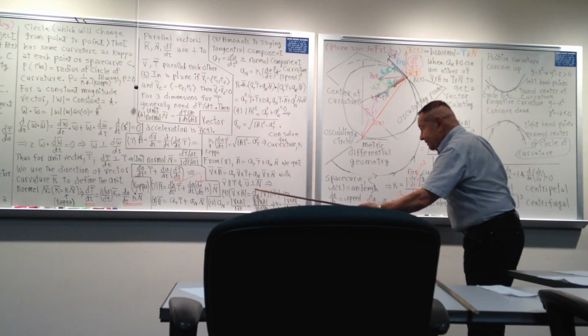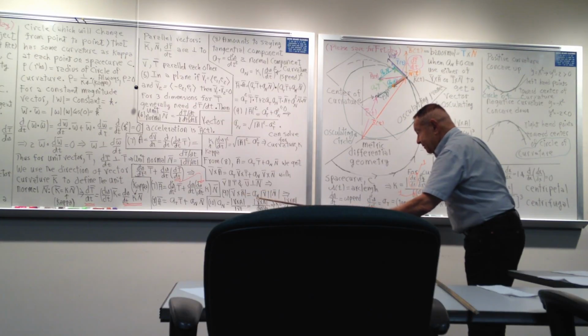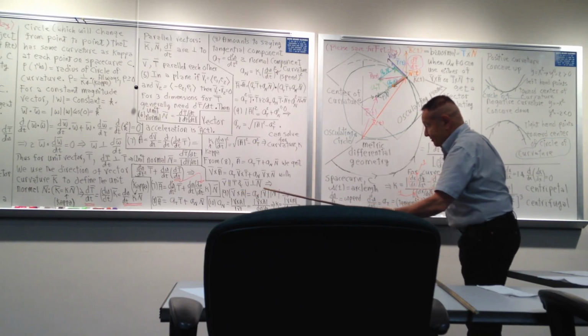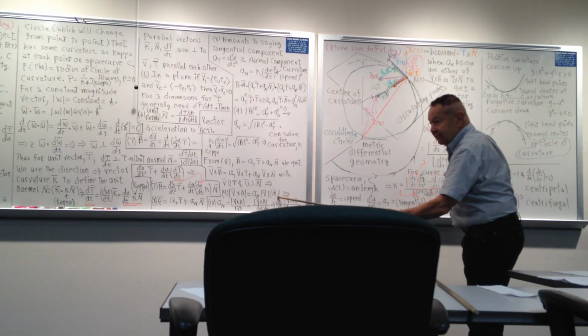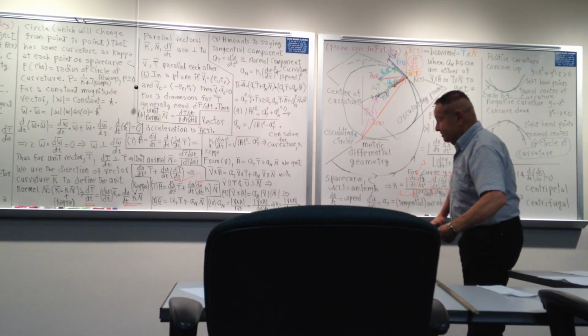So it's really then magnitude v times a sub N, that's magnitude v cross a. Here N is a unit vector, so its magnitude is 1.